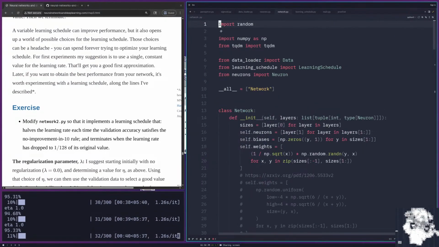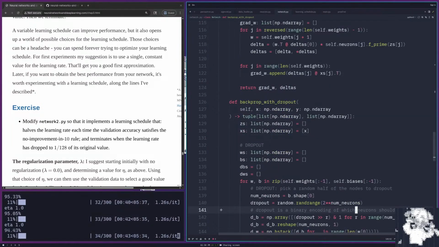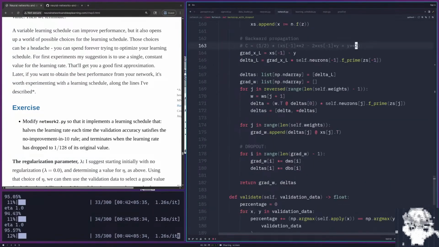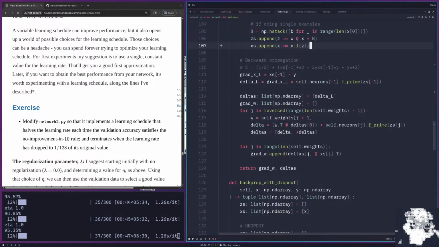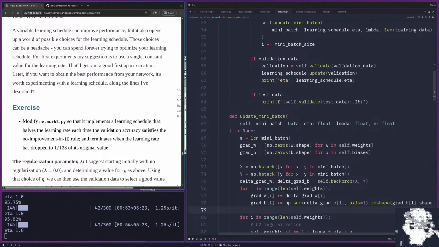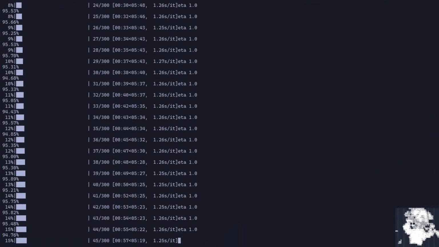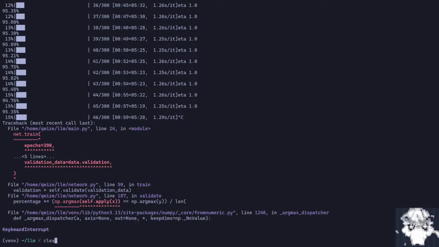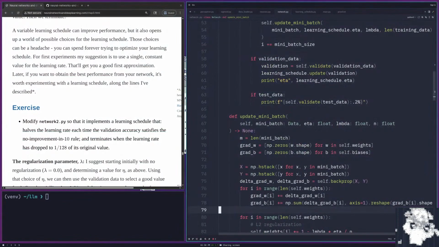Cool. How's the constant schedule doing? Yep, it's remaining constant. Good.